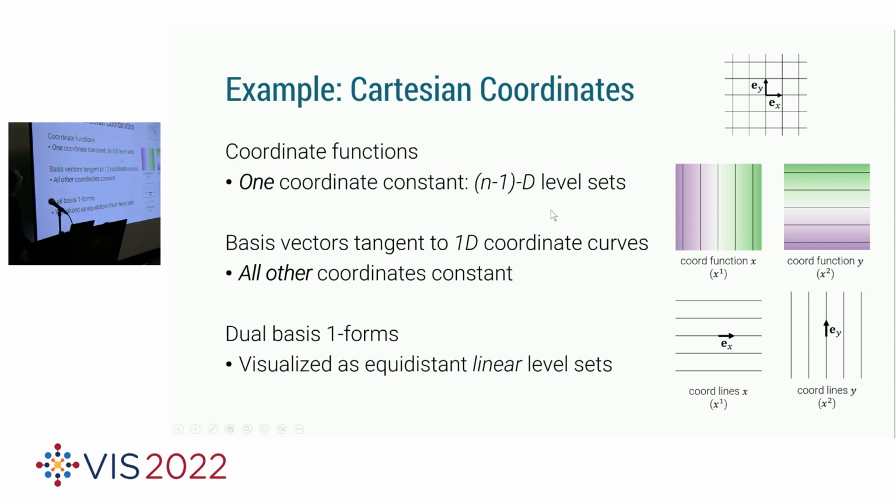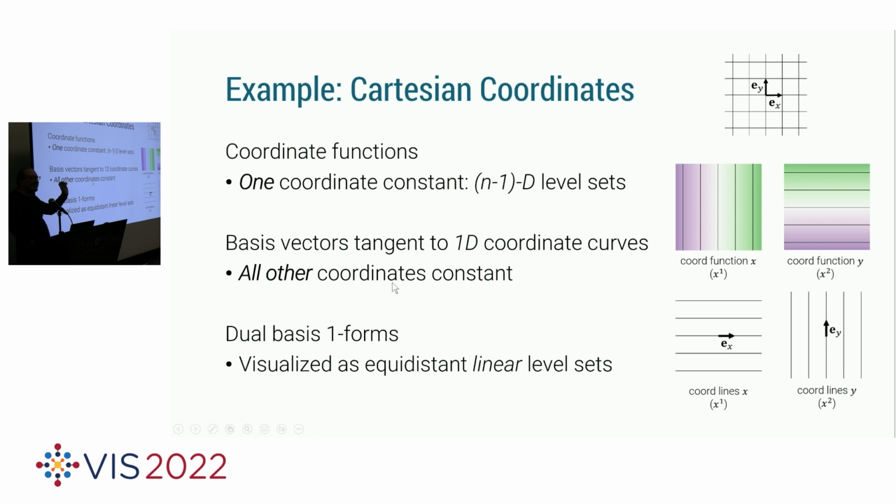That's a bit hard to draw, but in n-dimensional space, basically what you always have to think of is that for coordinate functions, you hold one coordinate constant, and then you get n minus one dimensional level sets. So here it's two coordinates, so the n minus one dimensional level sets are 1D. That's why it's these straight lines. But if you want to get the coordinate curves, you pick one coordinate and you hold all other coordinates constant.